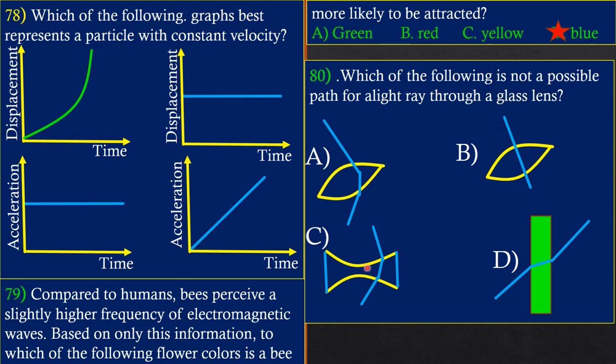Option C is the only exception, because this is a concave lens, wherefore a ray of light that is parallel to the principal axis, after refraction, should appear to be coming from the focus, and not bending like it does for a convex lens. So option C has to be the only answer, which is the only exception. In this case, it is normal.